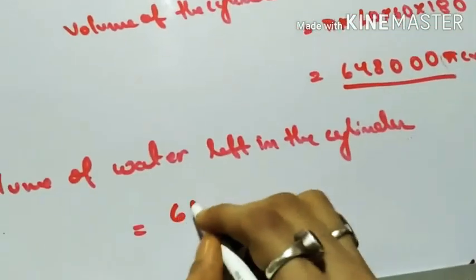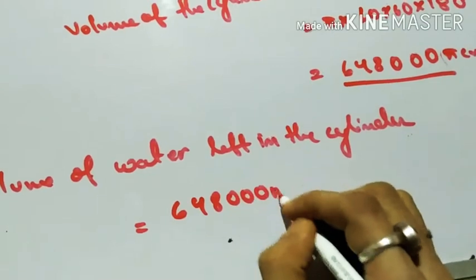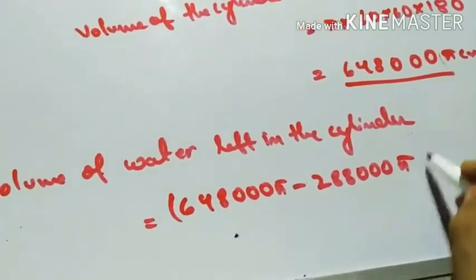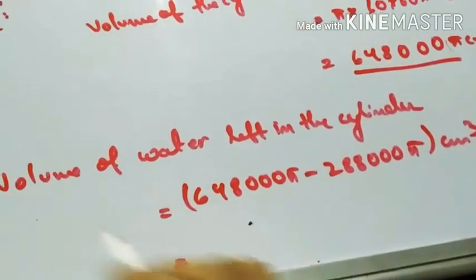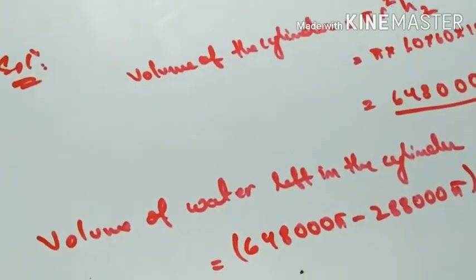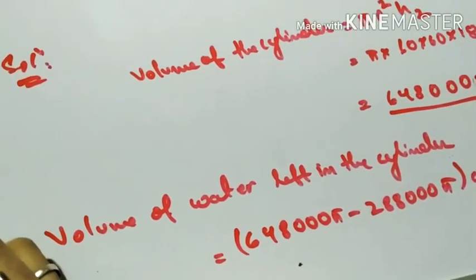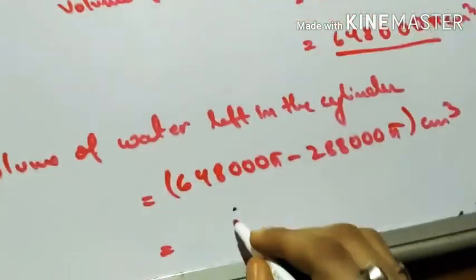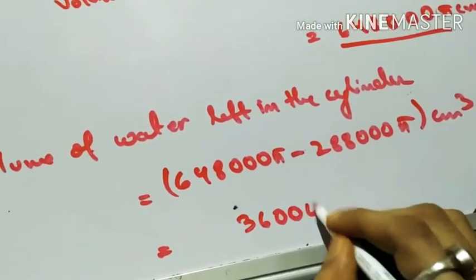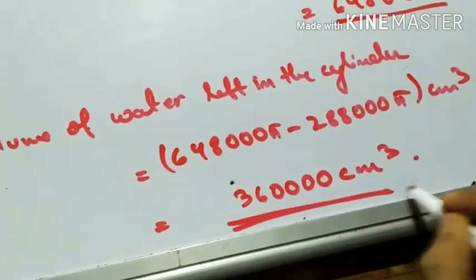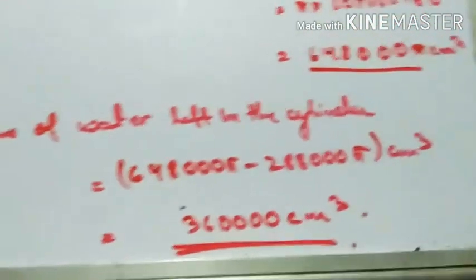So it equals 648,000 pi minus 288,000 pi centimeter cube, which is 360000 centimeter cube. This will be my answer.